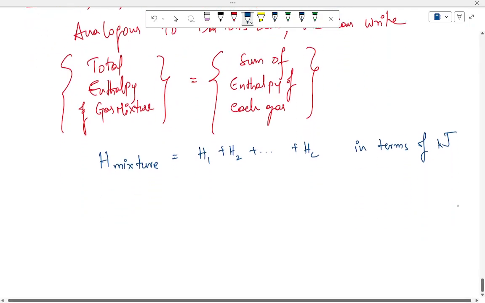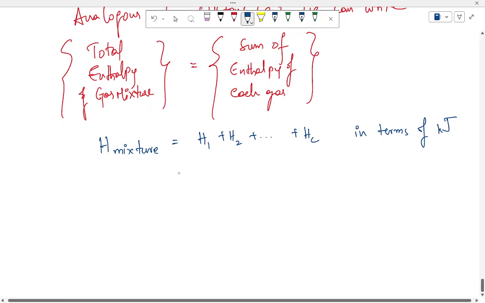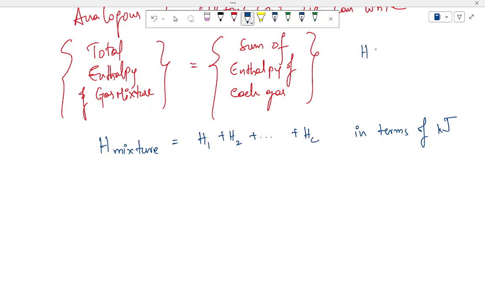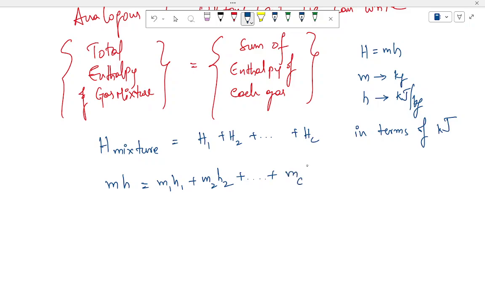The same thing now, if I write in terms of kilojoule per kg, since H is equal to m into small h, that is, the enthalpy is nothing but the product of mass and specific enthalpy, where m is measured in kg and small h, the specific enthalpy, is measured in kilojoule per kg. I can write that H mixture is nothing but m into h, and here in place of H1 I will get m1 h1, in place of H2 I will get m2 h2, plus so on plus mc hc.